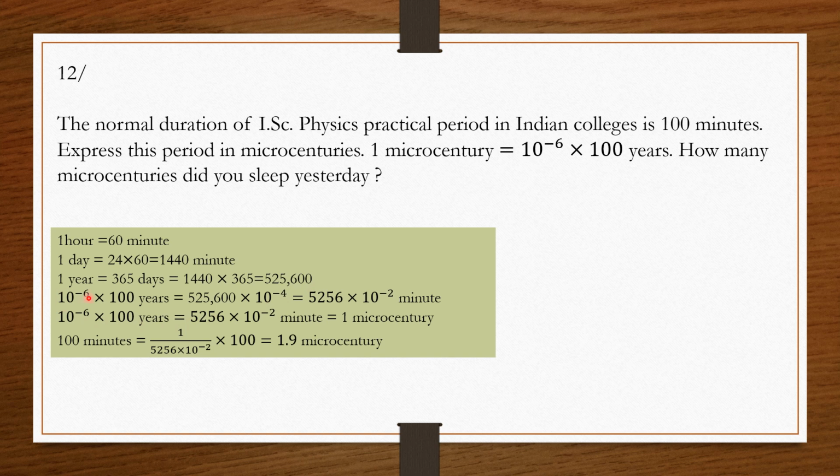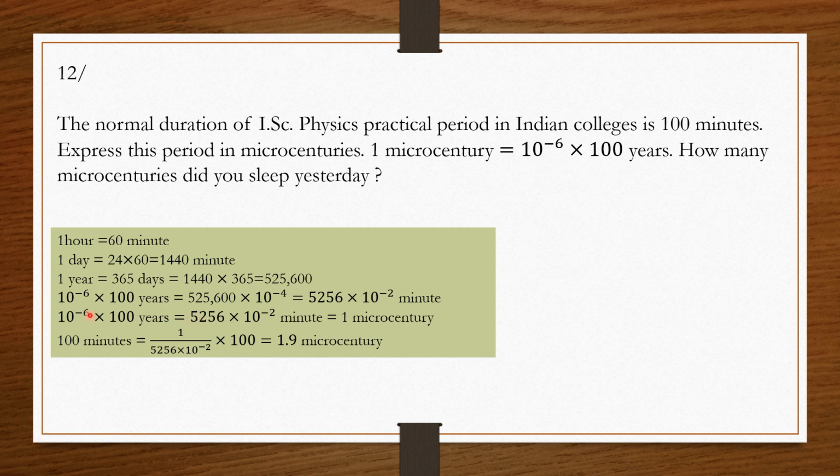And 10 to the power minus 6 into 100 years will be 525 600 into 10 to the power minus 4, that is equal to 5256 into 10 to the power minus 2 minute.